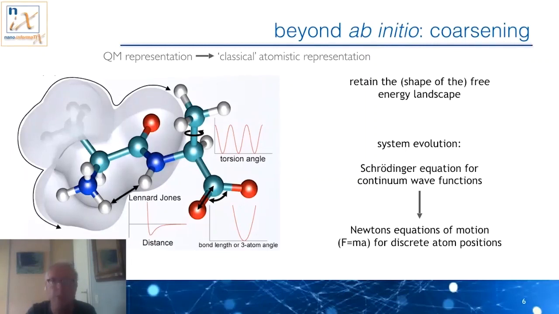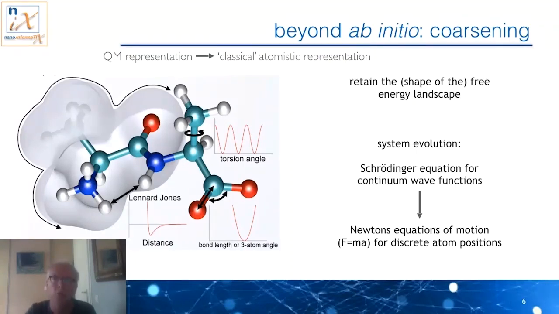The idea is that you retain the shape of the underlying free energy landscape. The quantum system has a certain energy landscape over which the system can develop, and the full atomistic representation will retain the shape of this free energy.